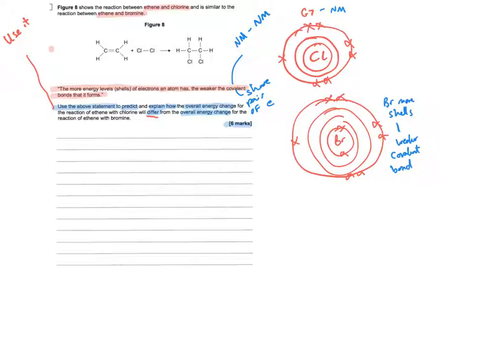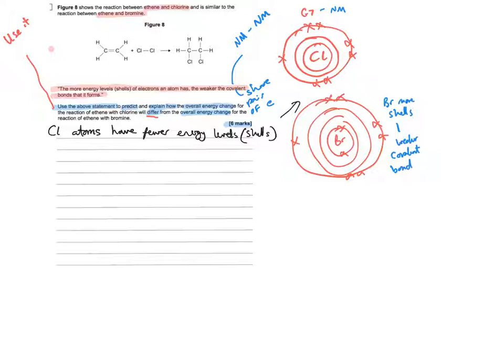So I'm going to start putting down some statements about what I know. I know chlorine atoms have fewer energy levels or shells. I've done that because I've drawn it, so I can see that.